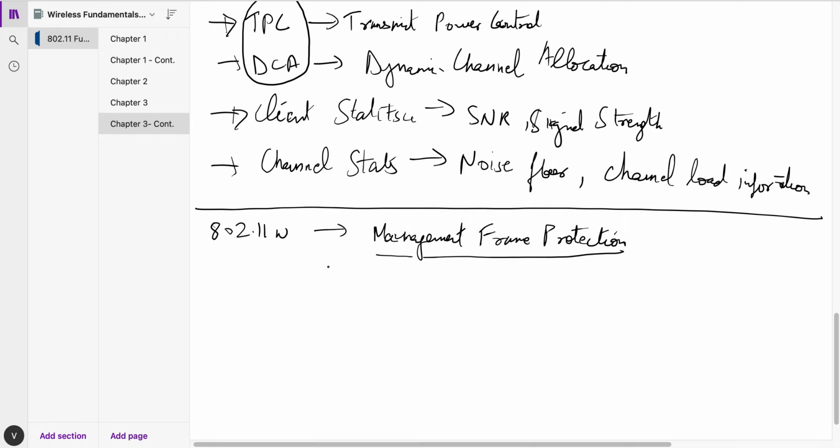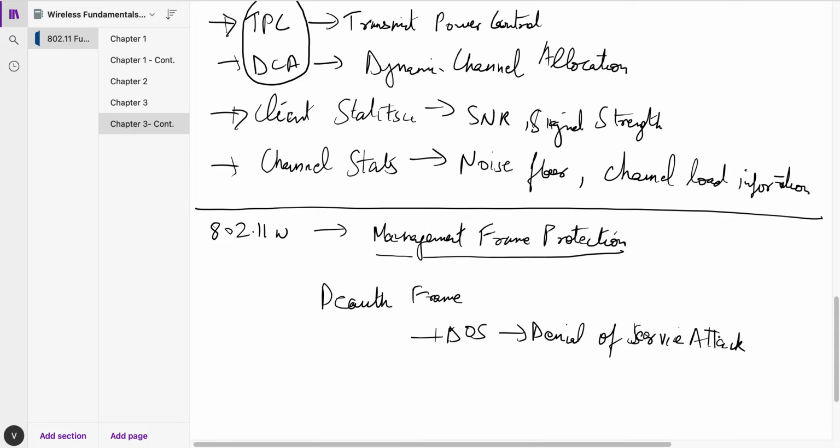It's quite easy for any hacker to get access to a deauth frame or a disassociation frame, and then it is easy for them to edit that frame and then spread that out in the air and shut down the entire Wi-Fi. This is called a DOS attack, denial of service attack.